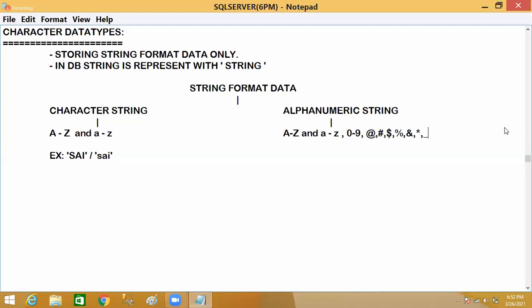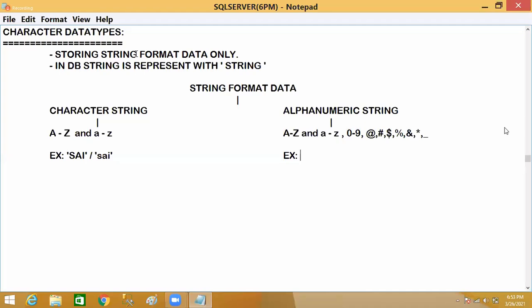So along with alphabets, numbers and special characters, this combination of data is called alphanumeric. Nowadays there are so many examples of alphanumeric data, guys, like a PAN card number, a student hall ticket number, and nowadays an employee ID number is also mixed alphanumeric.